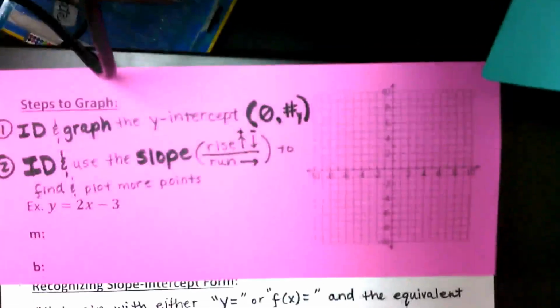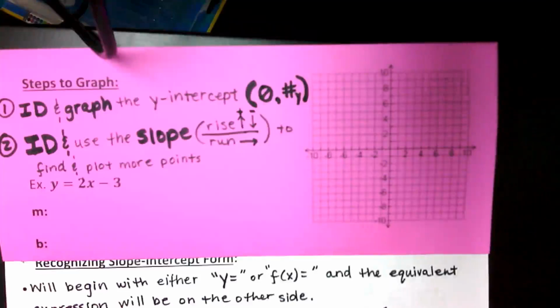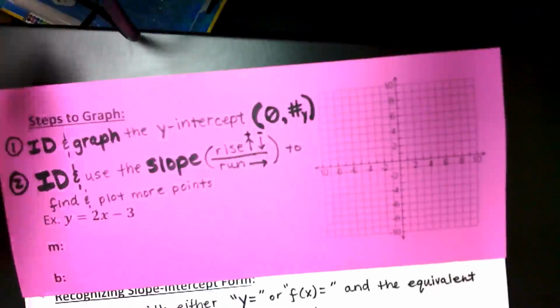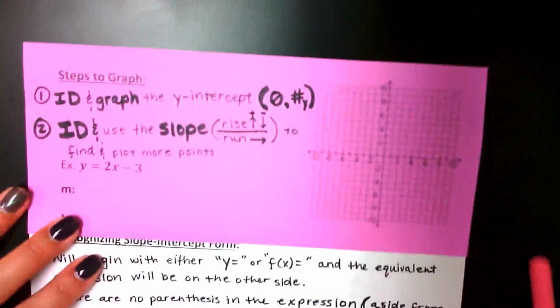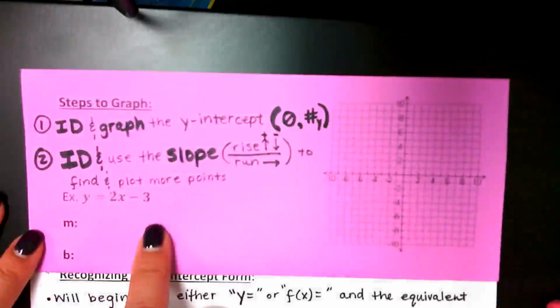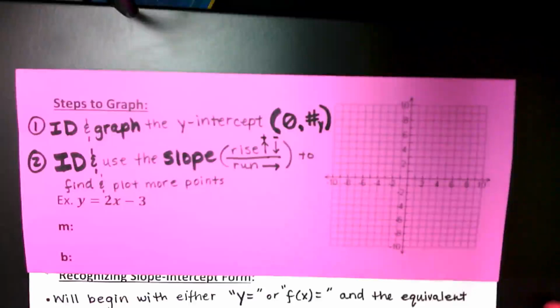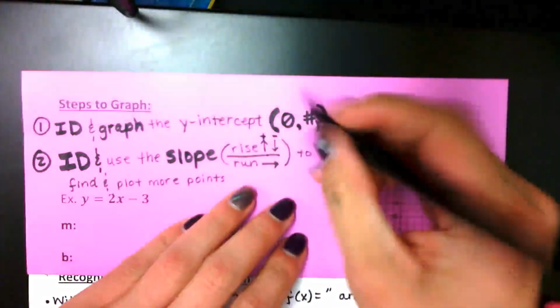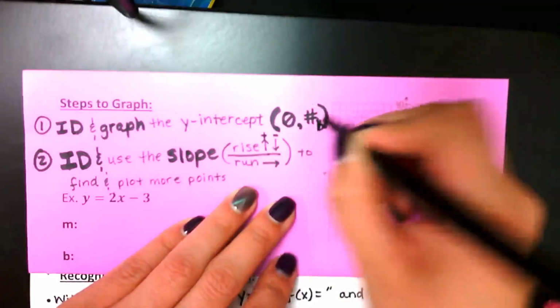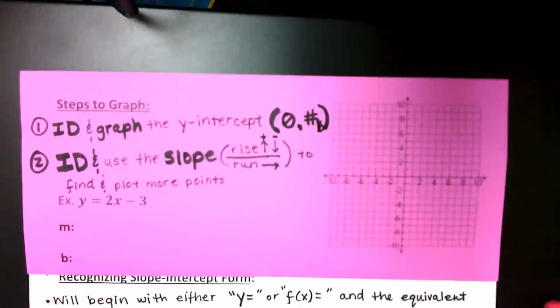All right. Now, we left off talking about steps to graphing a slope-intercept form. We identify and graph the y-intercept, which actually here I think I might want to specify. You guys said it was a y value, but I want to be even more clear. That's the b that we talked about earlier.